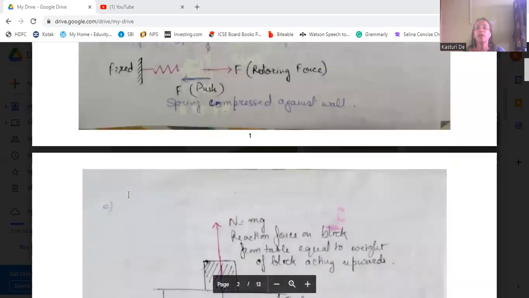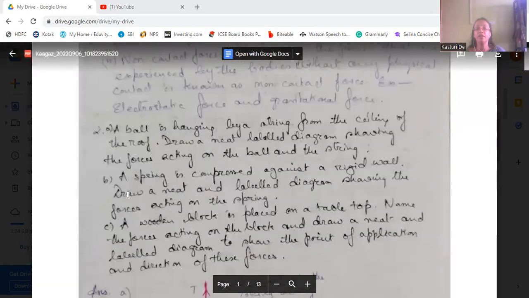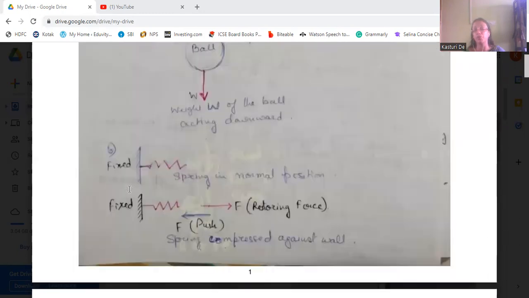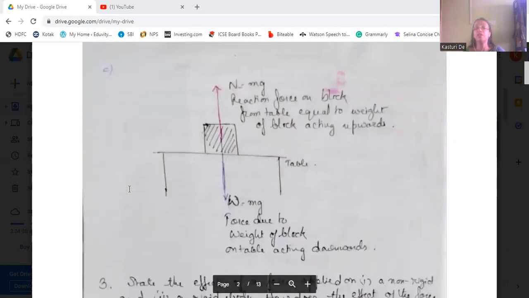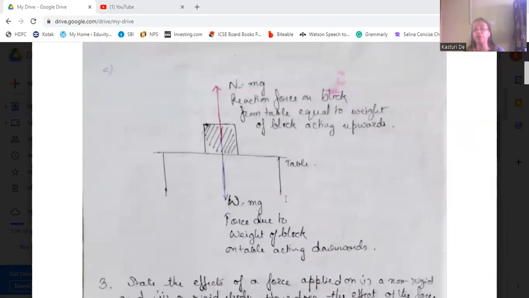Okay. Next, another third thing is that a wooden block is placed on the tabletop. Name the forces acting on the block and draw a neat and labeled diagram to show the point of application and direction. So see, this is the tabletop. Okay, so you can find the tabletop here, table, and a book is kept on it.